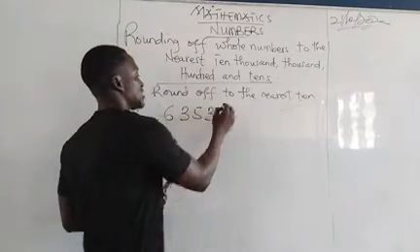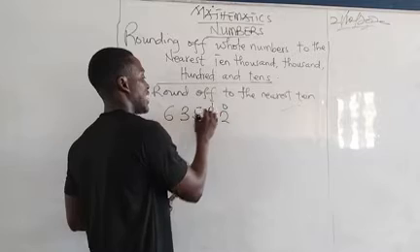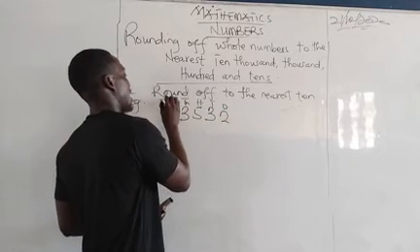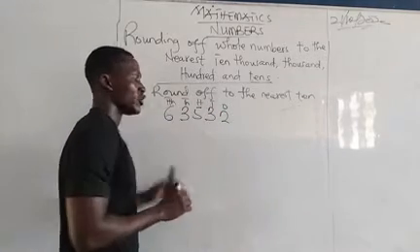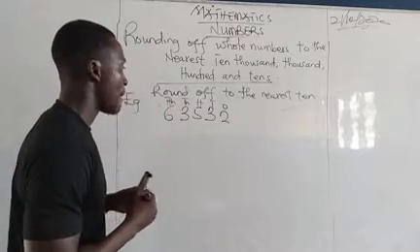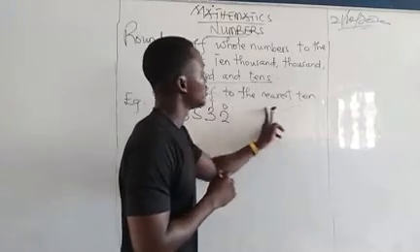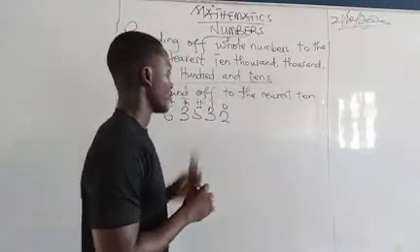So you start with ones, tens, hundreds, thousands and ten thousands.